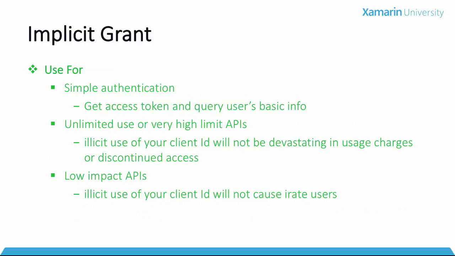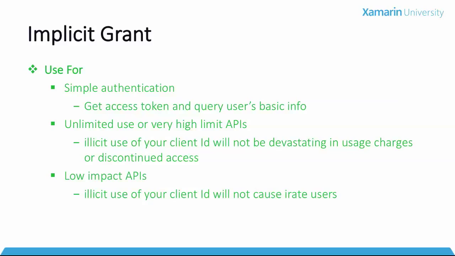So, where should we use the implicit grant type? The best use case for it is simple authentication. In other words, you have the user logged in, and the only actual access you're requesting on the user's behalf, the only scope you're requesting, is user info.